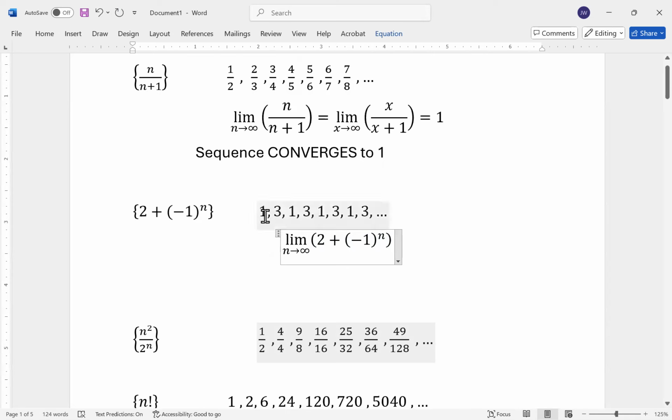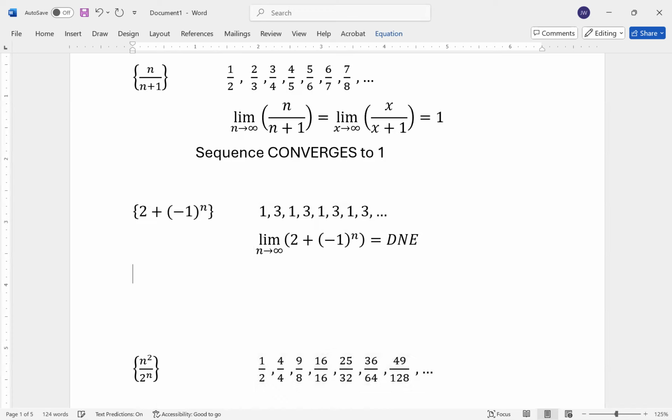But I can see that this sequence is just going back and forth between 1 and 3. If it goes back and forth between 1 and 3 forever, then it doesn't ever converge. So in other words, the limit of that sequence does not exist. Since the limit of that sequence does not exist, we say this sequence diverges.